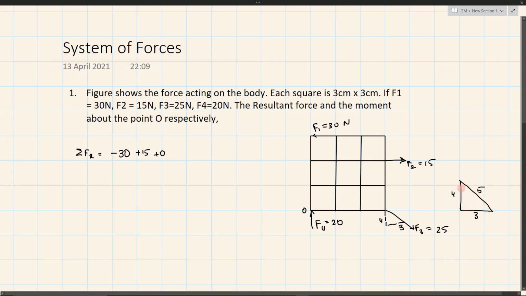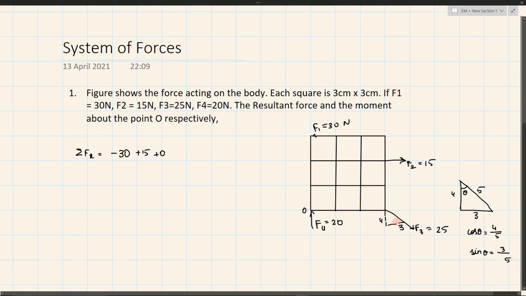If this angle is theta, cos theta equals adjacent side 4 divided by hypotenuse 5, and sin theta is opposite side 3 divided by hypotenuse 5.